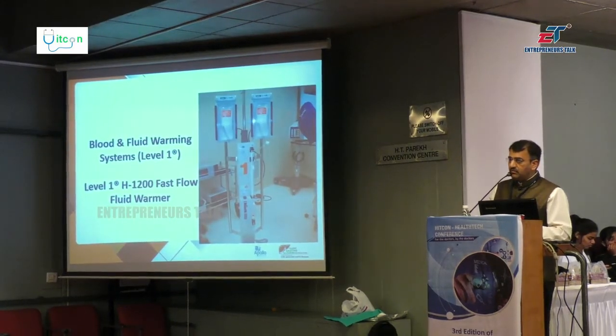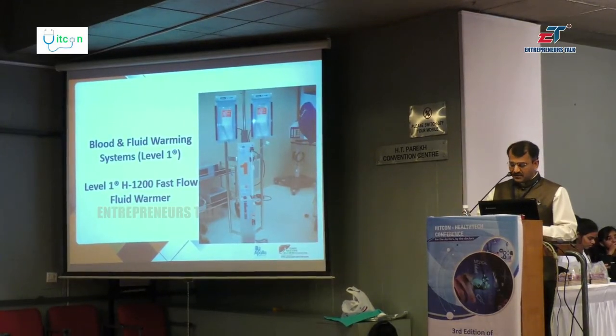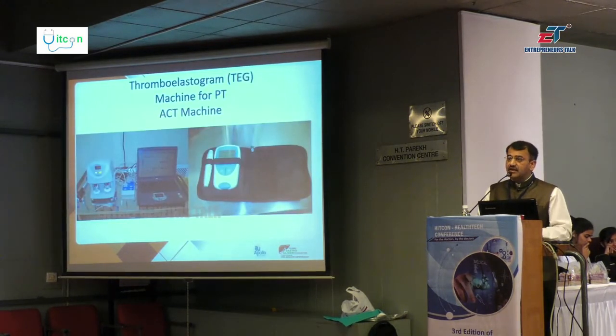Similarly, Dr. Bhavin, who is a transplant anesthetist, will agree with me that this rapid liver transfusion makes the life of the anesthetist very easy. It can transfuse several liters of warm fluid rapidly into the body whenever there is a sudden loss of fluid. Similarly, we need to monitor the coagulation profile during surgery.